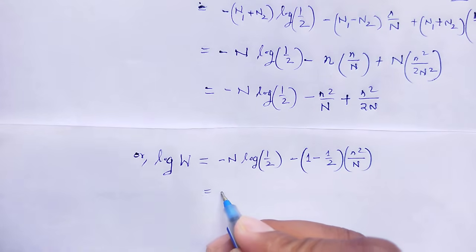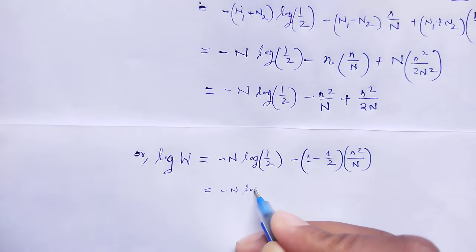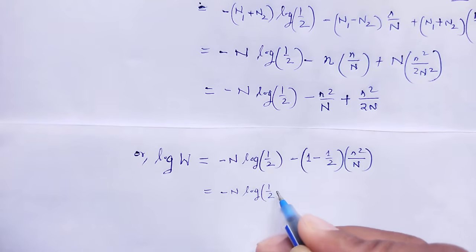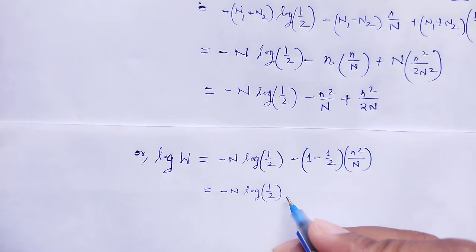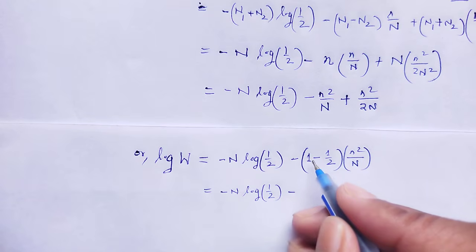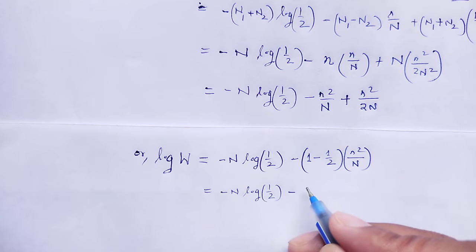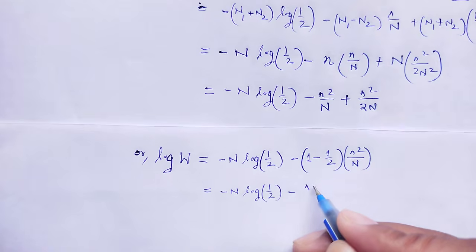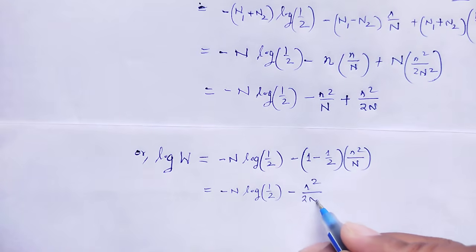Is equal to minus n log half minus 1 minus half, that is half n square divided by 2n.